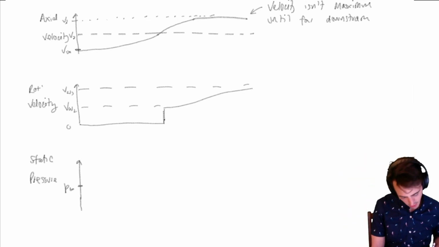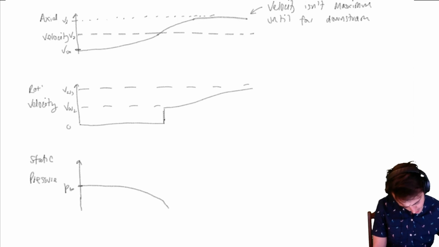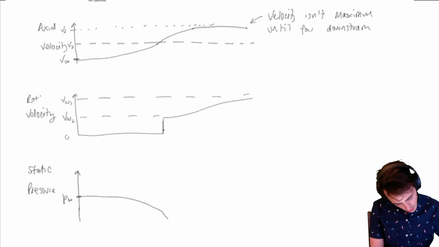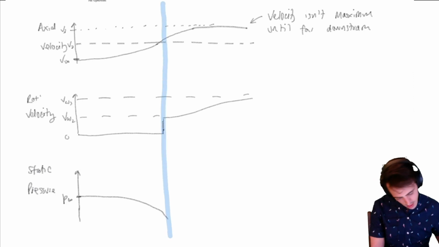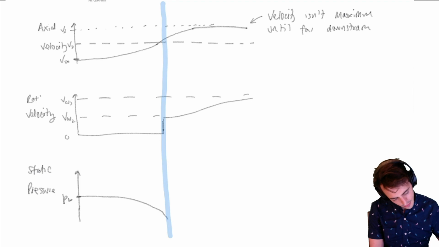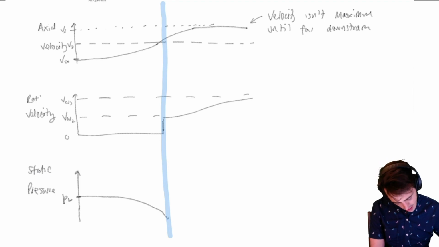We're then going to have a decrease because the flow is accelerating up to the disk. Let's draw one line over all of these just to show we're looking at the same condition. There you go, so this is my disk line. We would then have an increase.